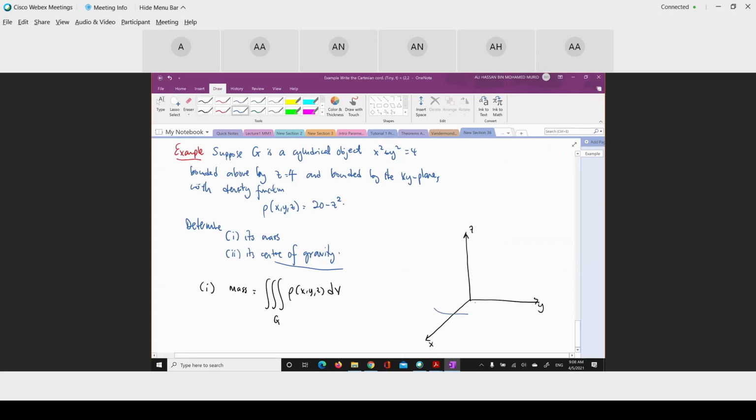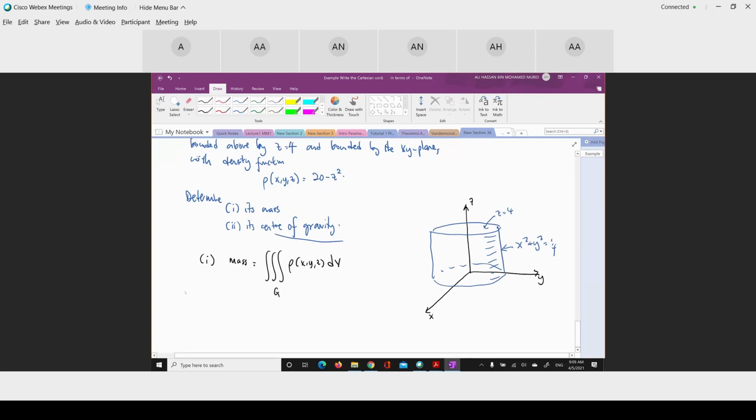It is bounded below by the xy plane and bounded above by the plane z equal to 4, and the cylinder is x squared plus y squared equal to 4. So that suggests using cylindrical coordinates to compute the mass.